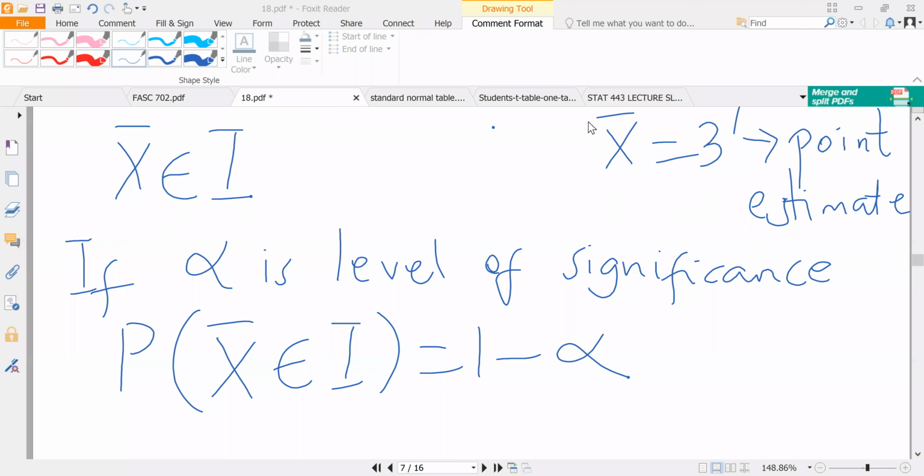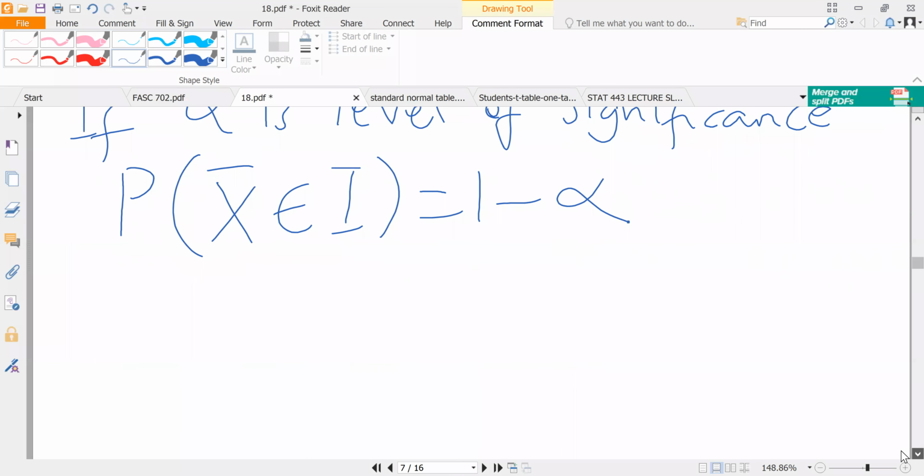So now, in estimating these intervals, we can use a two-tail approach, or we can use a one-tail approach.